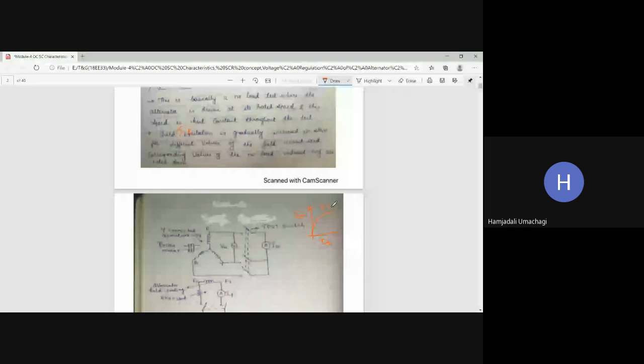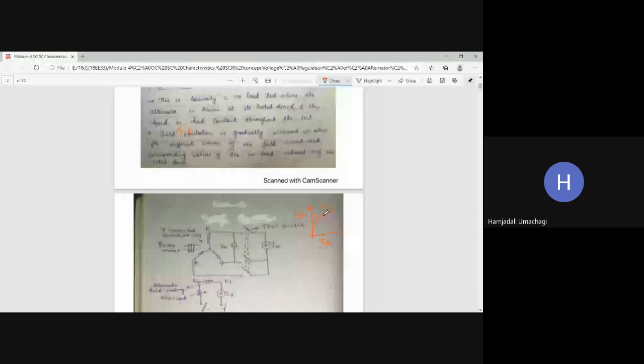Don't connect any load, allow the alternator to run at a constant rated speed, and slowly change the field excitation. As field excitation changes, flux changes, and as flux changes, voltage starts to build up. How long do you vary the excitation? Till we get the rated voltage. So this is my rated voltage value.